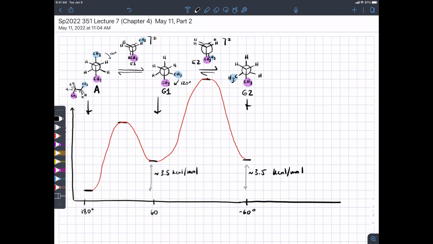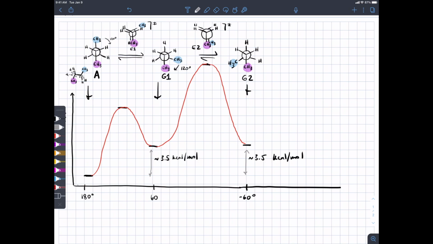Okay, so then when we're thinking about rotating around bonds and thinking about energy barriers, the barrier to rotate from A to G1 is larger than the barrier to rotate from G1 back to A, right? The barrier to rotate from G1 to G2, however, is the same as the barrier to rotate from G2 to G1.